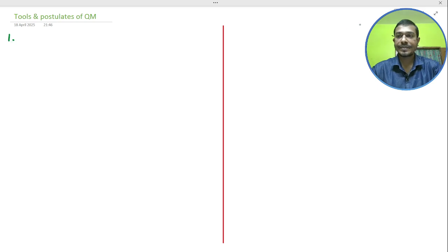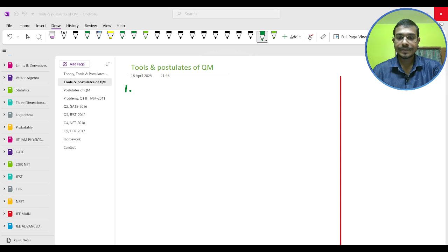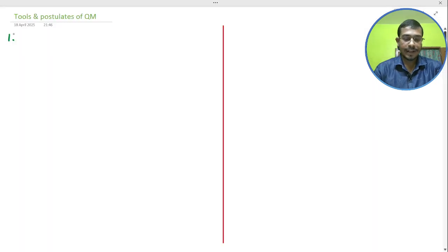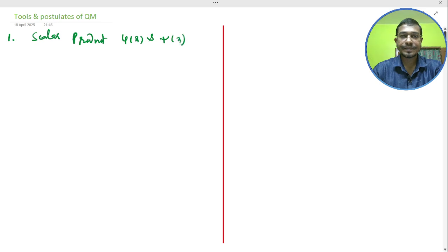Number 1. Formally, the scalar product of two functions phi(x) and psi(x) is given by <psi|phi> equals the integral of psi star(x), the complex conjugate, times phi(x) dx.